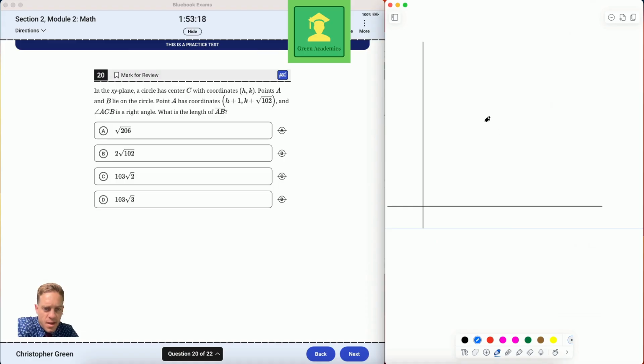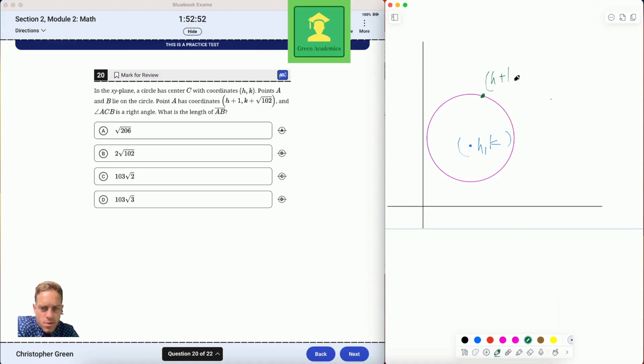So let's say that it has center h, k, and then suppose the circle just looks like this. Everything in quadrant 1. Sure. Okay. And then h plus 1, k plus root 102 is on the circle.